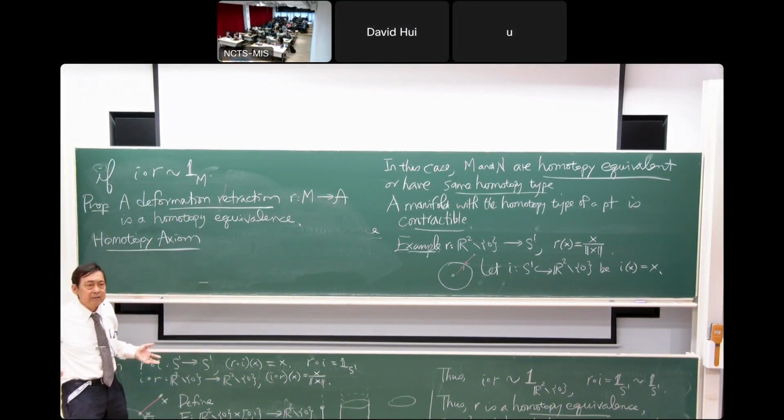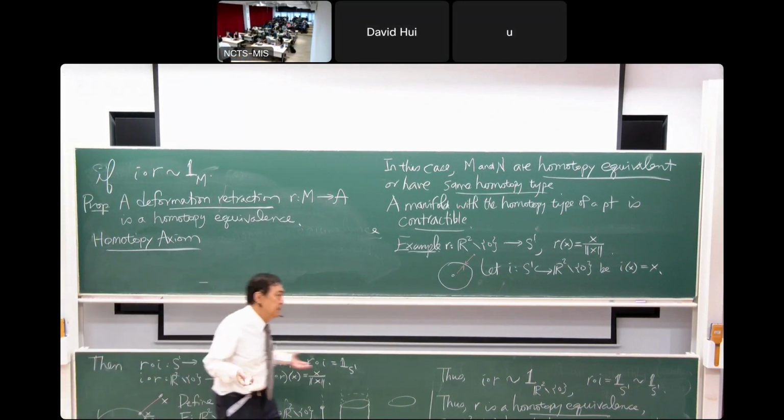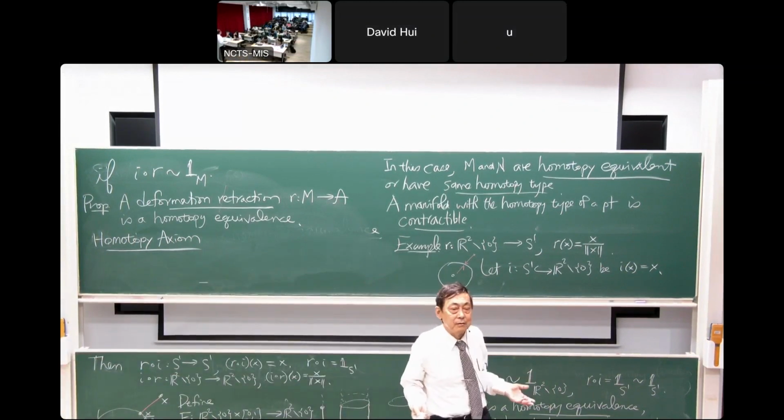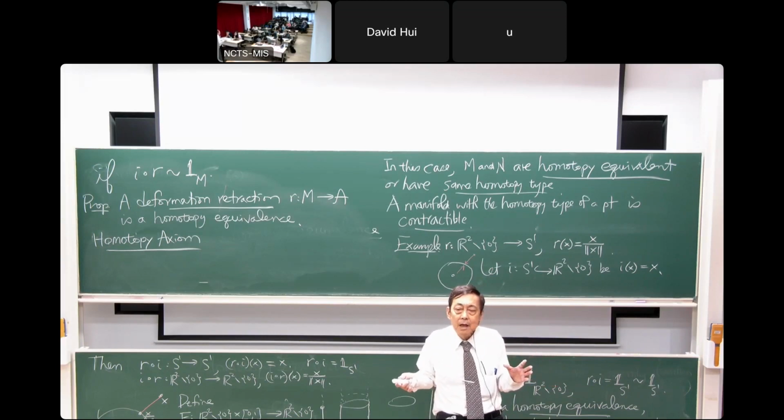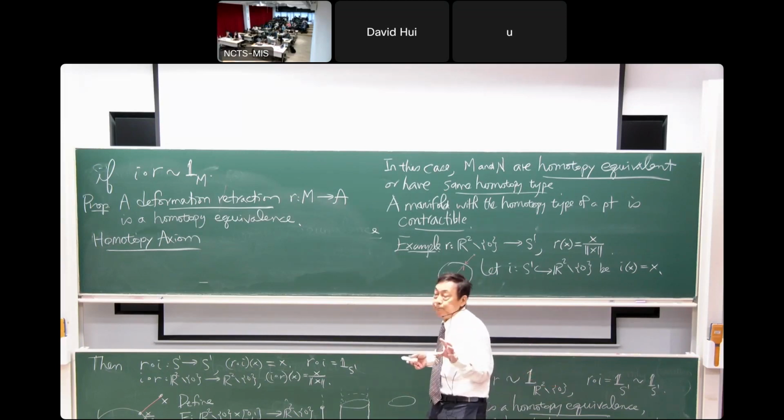Well, it's called an axiom instead of a proposition or a theorem because Eilenberg and Steenrod formulated a theory of cohomology based on a few properties.